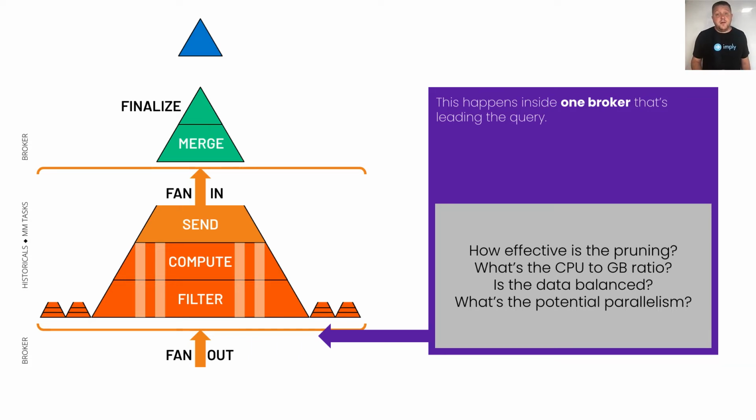Given the length of time you're going to scan, for example, imagine how your work will get split up. And what's the ratio of available threads to the number of segments that you have on each process, for example? Can each process handle the queue that the broker is going to throw at it? Data balance across your cluster, as well as your rules for data replication, are also important here.